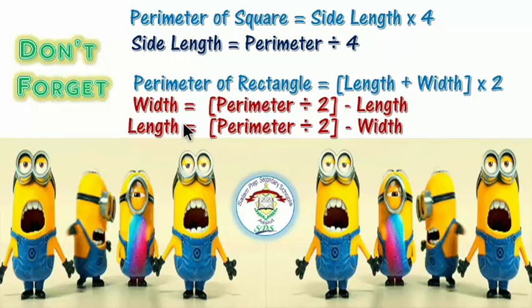If we want to find width, it will be perimeter of rectangle divided by 2 and then minus length. If you want to find the length, it equals perimeter of rectangle divided by 2 and then minus width. Okay? Please don't forget.